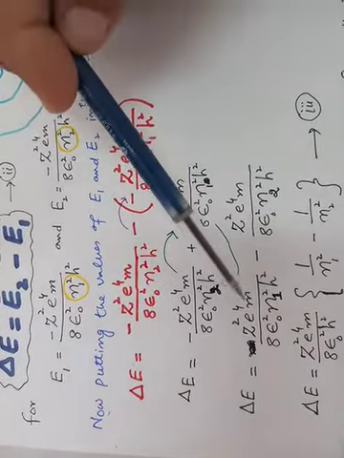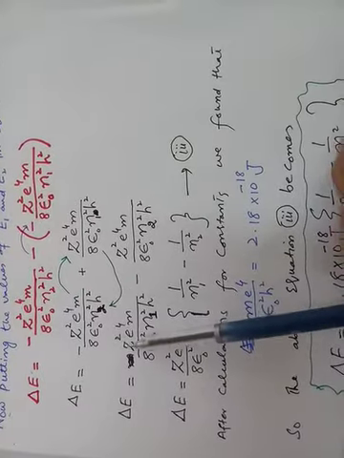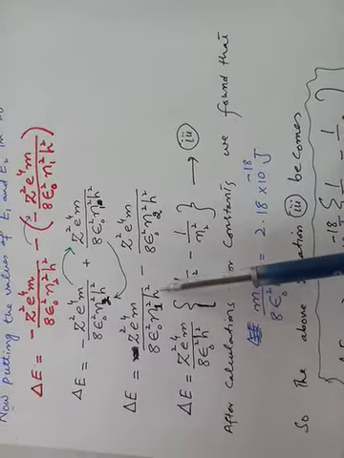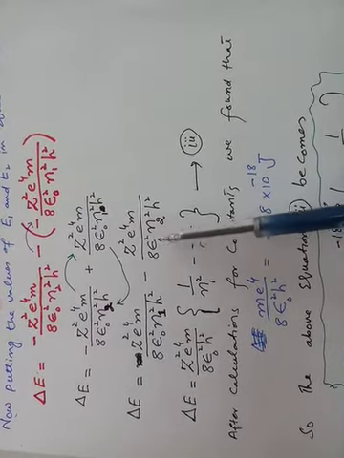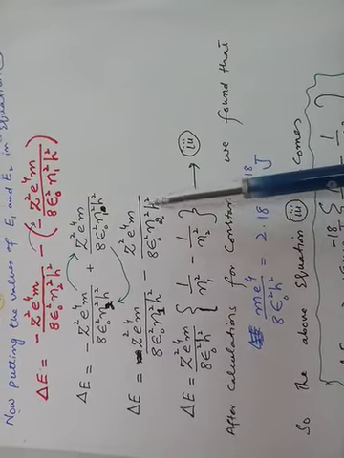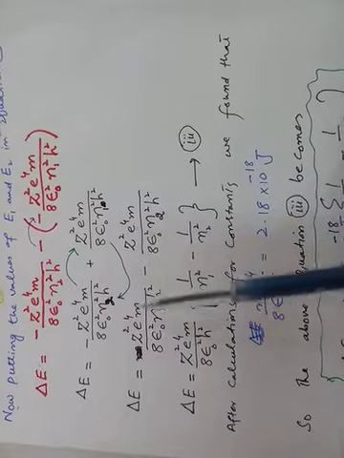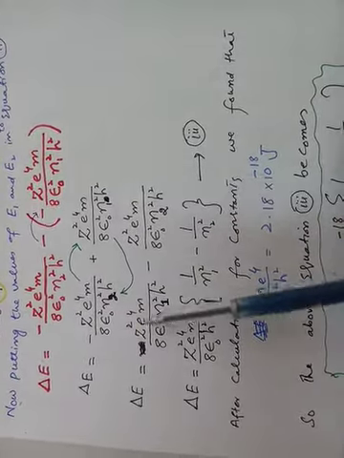In this way we get this equation: Z square e to the power 4 m over 8 epsilon naught square n1 square h square minus Z square e to the power 4 m over 8 epsilon naught square n2 square h square. There is only the difference of n1 square and n2 square in these two terms, while the rest of the terms are constant and identical in both.